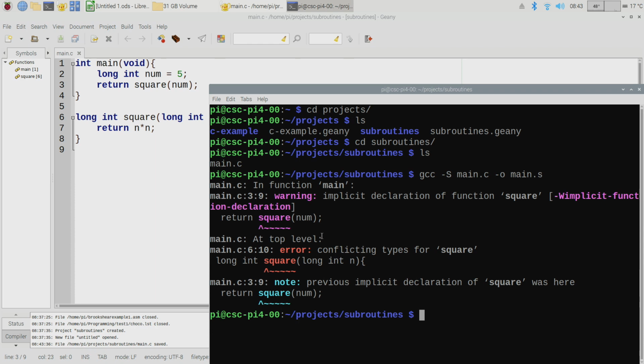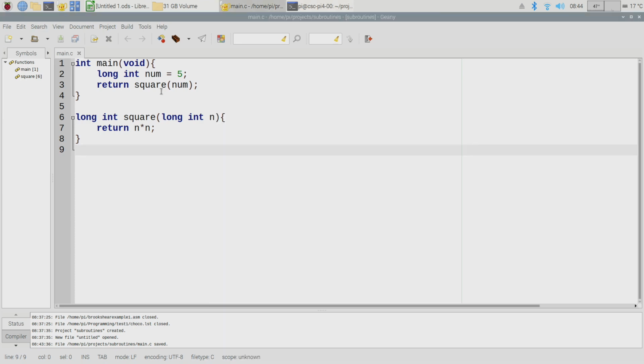Well, what did I mess up here, guys? Implicit definition, huh? Yeah, all right. Well, let's see. Maybe it doesn't like the fact that I'm using the word square. So let me just say func.